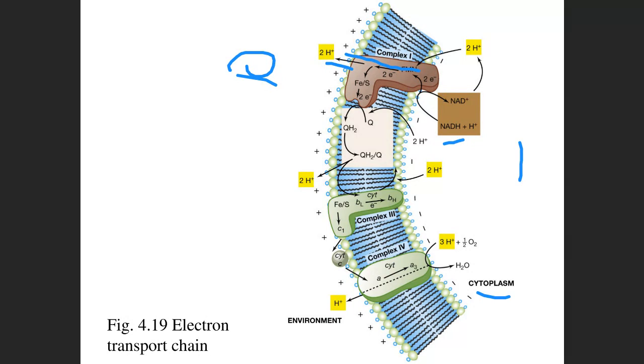So from 1 NADH, you actually get to pump out 5 protons. And the electrons do not disappear, right? They have to go somewhere. Well, where do they go? The electrons go here, to oxygen.